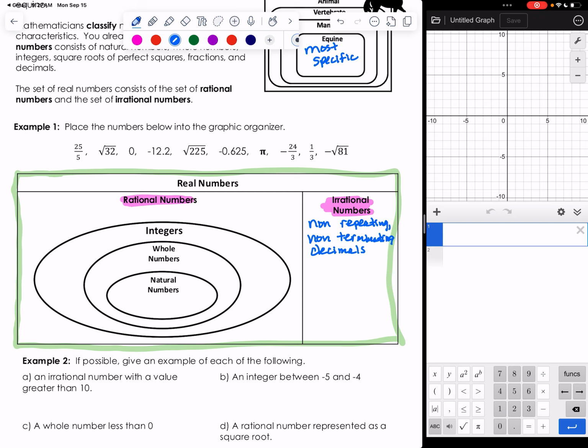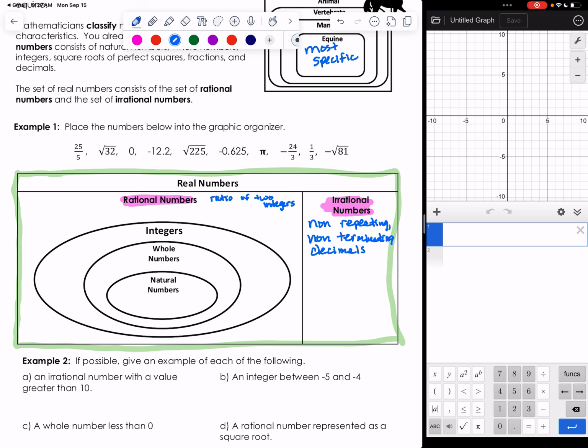Rational numbers are numbers that can be written as the ratio of two integers. Any number that can be written as the ratio of two integers is a rational number.